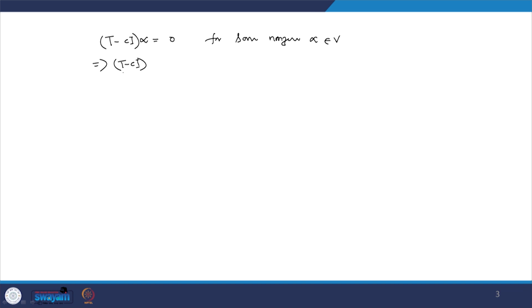So, this is a singular operator. I mean the operator is singular.